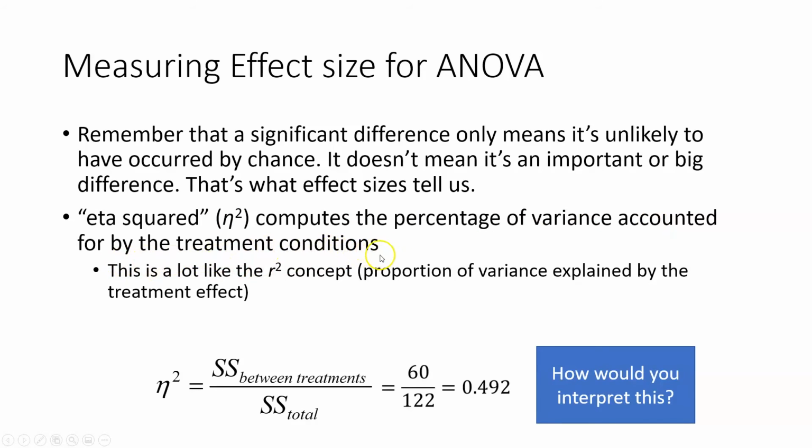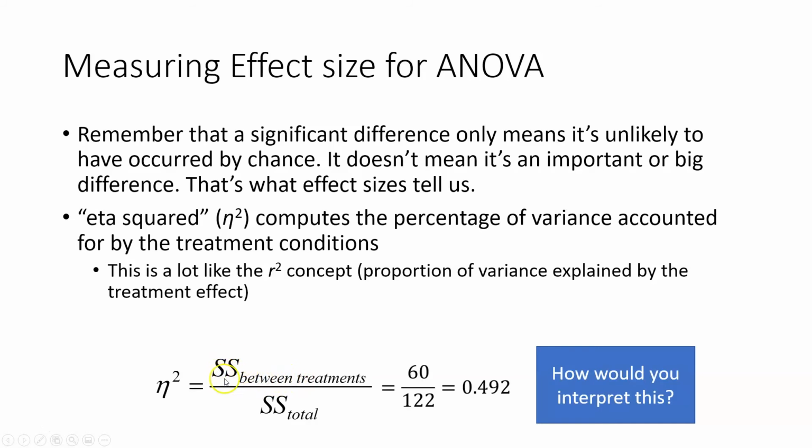Remember, that's the same as how we were interpreting R squared before, the percentage of variance that's accounted for by the independent variable, or by the treatments. So this is a lot like R squared, which was the proportion of variance explained by the treatment effect. It's just computed slightly differently. Here we take the SS between divided by the SS total. Remember that SS between includes all the variability that was between the treatments, meaning because of the treatment effects.